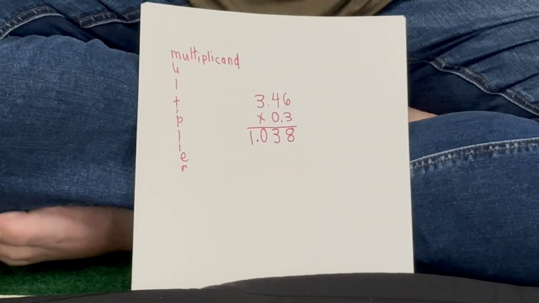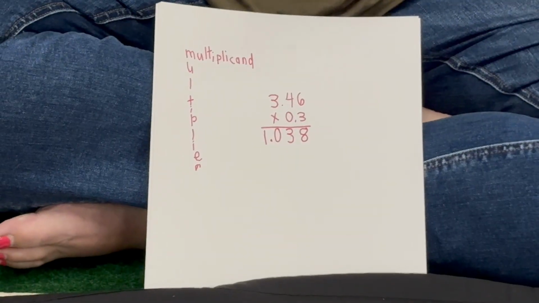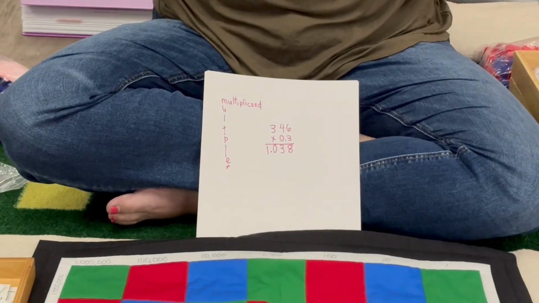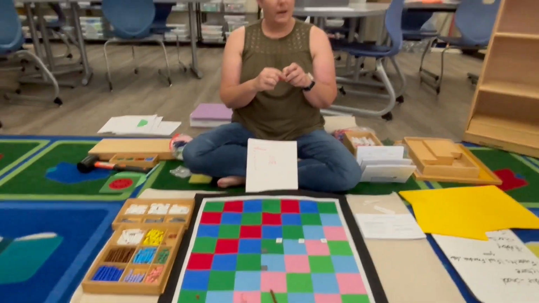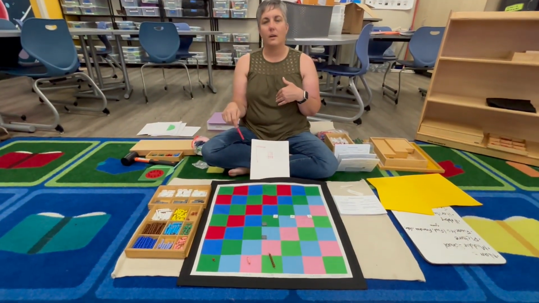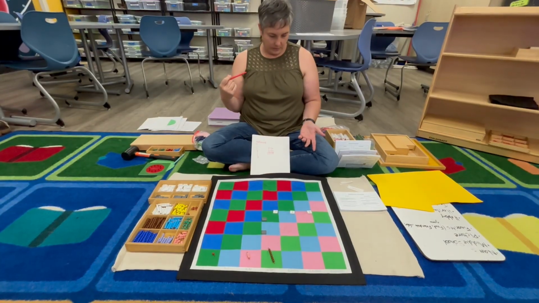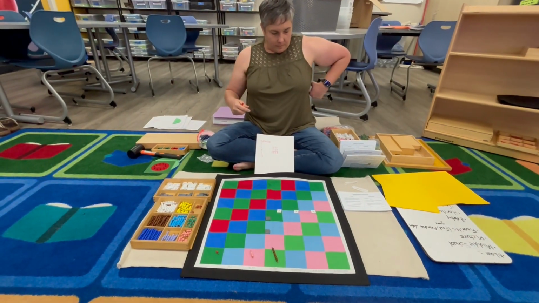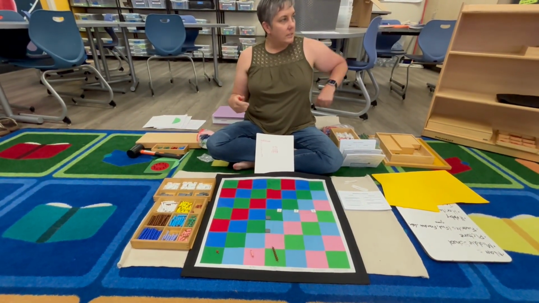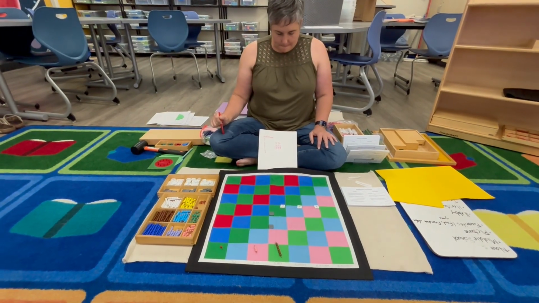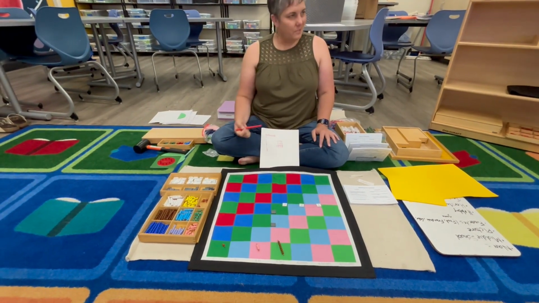The whole point of this work is for you to figure out where the decimal point goes. So every time you're doing a problem, I want you to be thinking about, how did I know to put the decimal point there? I wonder if there's a way I can figure out how to do it without the materials. So just encouraging them to be curious as they're going. Also, what did you notice?